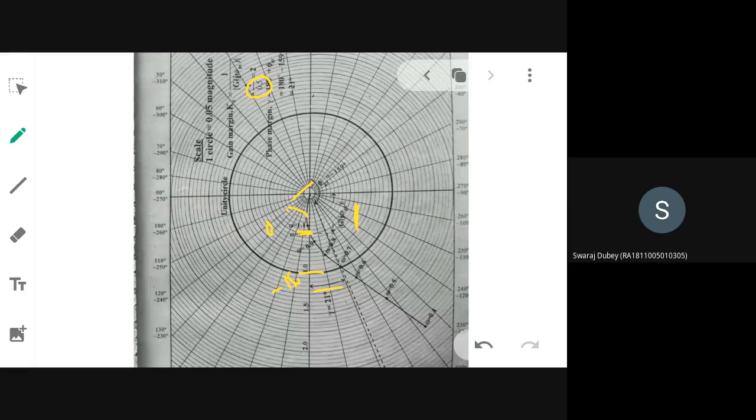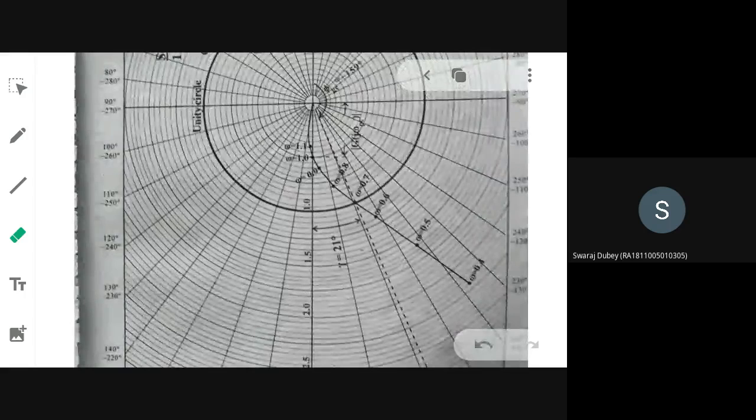So that reciprocal you have to take. This unity circle is marked very bold, at this point only the magnitude is 1. The curve is intersecting minus 180 at this particular point, so the magnitude is almost half, 0.5 you assume.